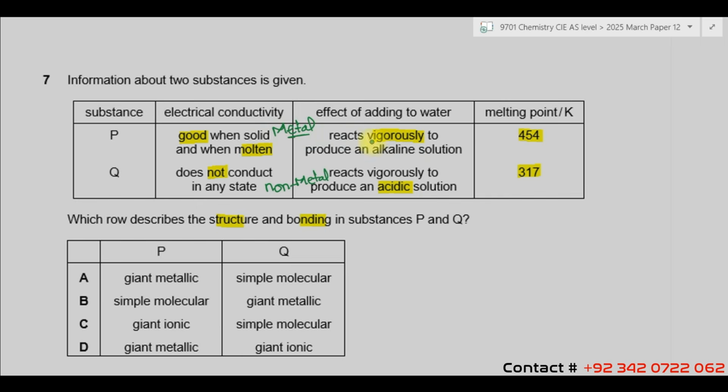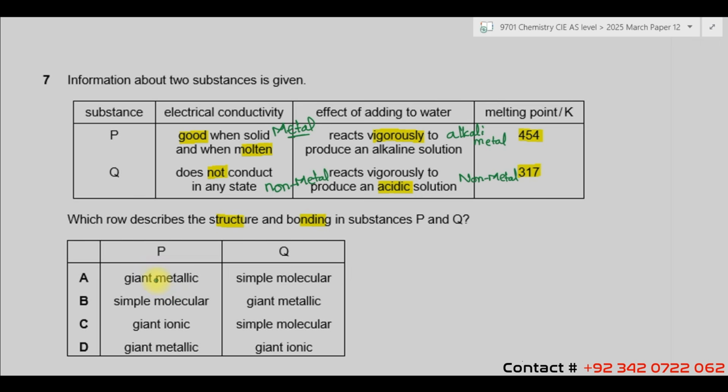So if this is a metal and it reacts, it could be alkali metal. And this one reacts to produce an acidic solution, so obviously it's a non-metal. Phosphorus, sulfur, etc. are non-metals and form acidic solutions.